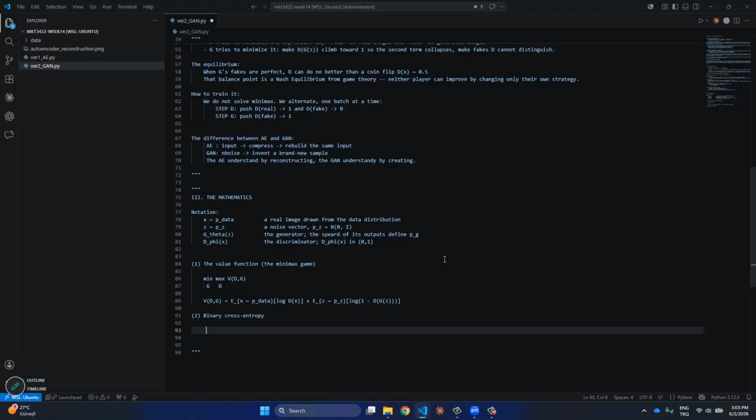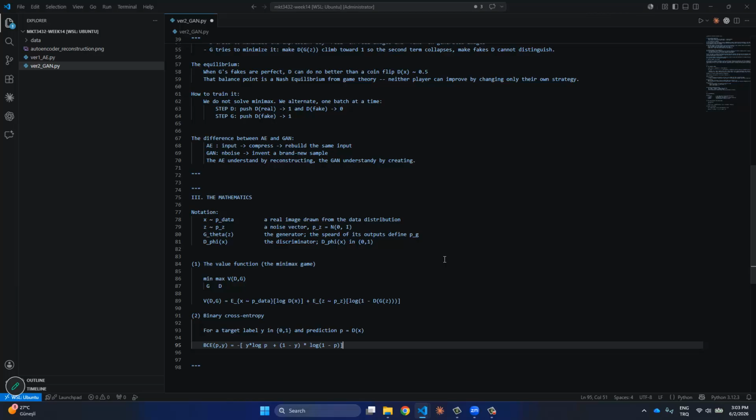For a target label y in 0 and 1 and the prediction p, which can be defined as D(x), the BCE can be defined with the parameters p and y in here, which equals minus y times log p plus 1 minus y times log of 1 minus p.